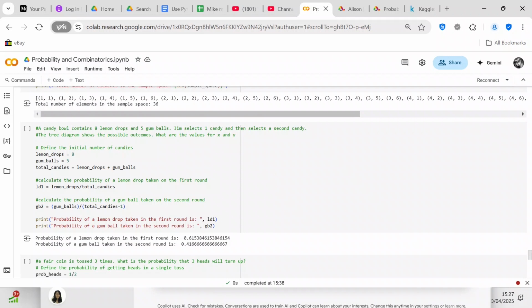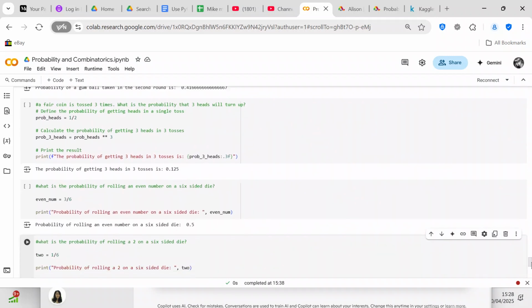The gumballs is going to be 5 because you didn't take a gumball in the first one, divided by 12 because 13 minus 1 is 12. And then we print it. That's going to be 5 divided by 12. So 8 divided by 13 is 61.5%, and 5 divided by 12 is 41.7%.